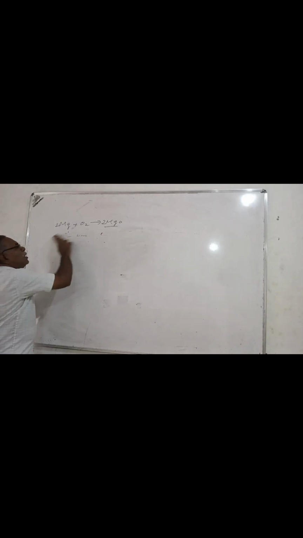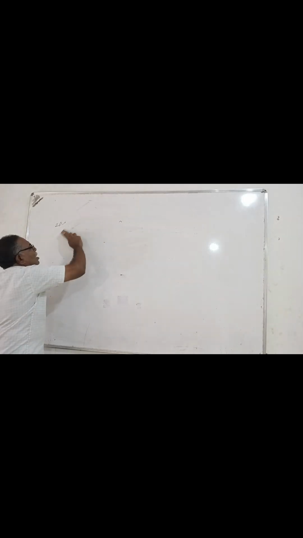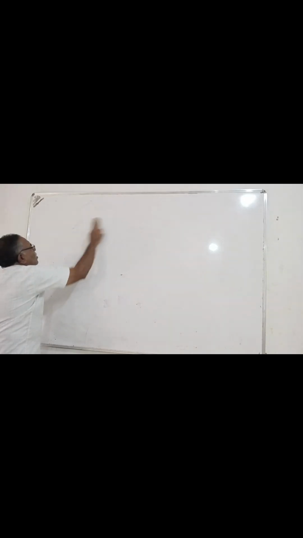So these always come in groups. To write the formula of a compound, you have to learn these by heart, and also the symbols of some elements. Otherwise, you cannot write the formula of a compound.